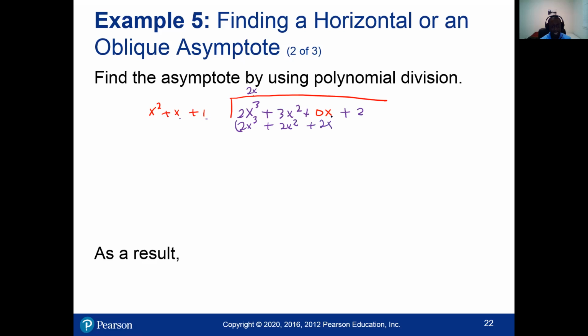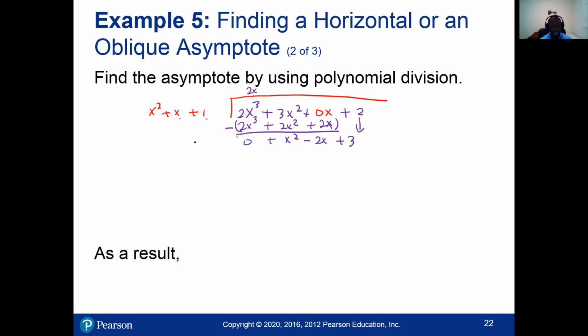Then we subtract, long division. 2x cubed minus that is 0, and 3x squared minus 2x squared is x squared, then minus 2x. Then we drop down the plus 2.